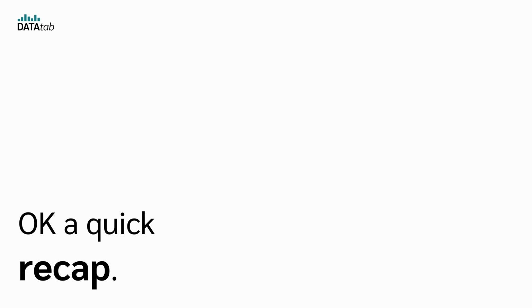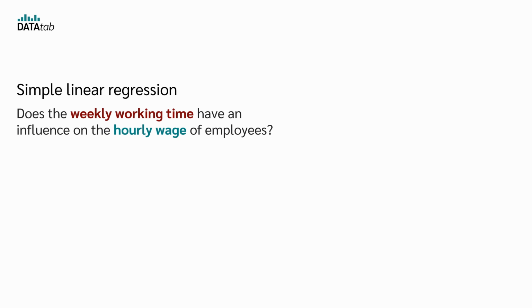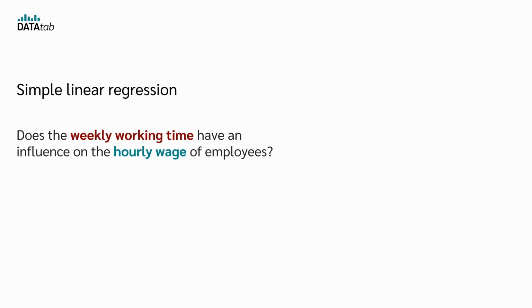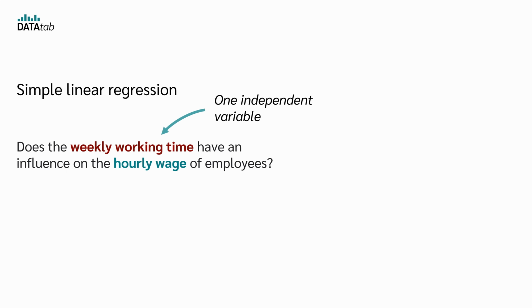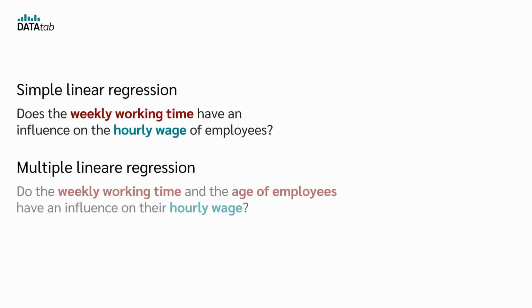Okay, a quick recap. There is the simple linear regression. A question could be, does the weekly working time have an impact on the hourly wage of employees? Here we only have one independent variable. There is the multiple linear regression. Do the weekly working hours and the age of employees have an influence on the hourly wage?